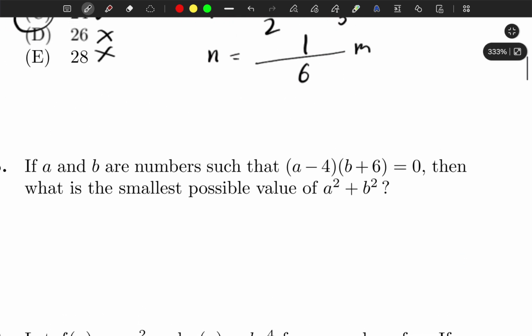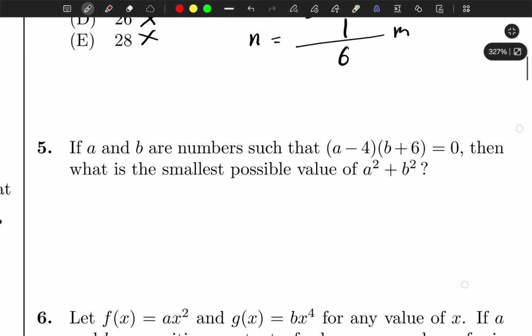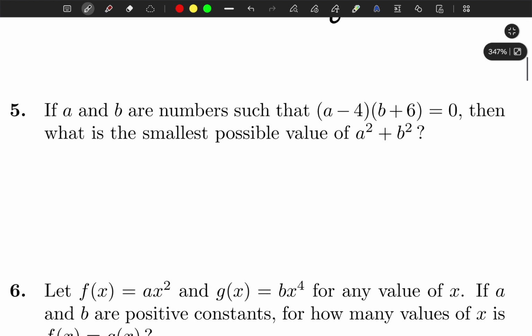Okay, here's the last question. So what we have is, if A and B are numbers such that (A minus 4) times (B plus 6) is equal to 0, then what's the smallest possible value of A squared plus B squared? All right, let's see.